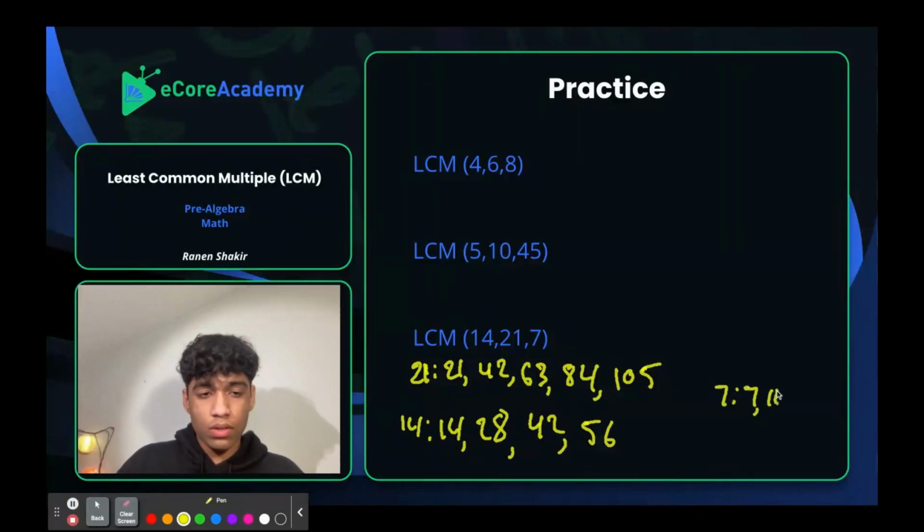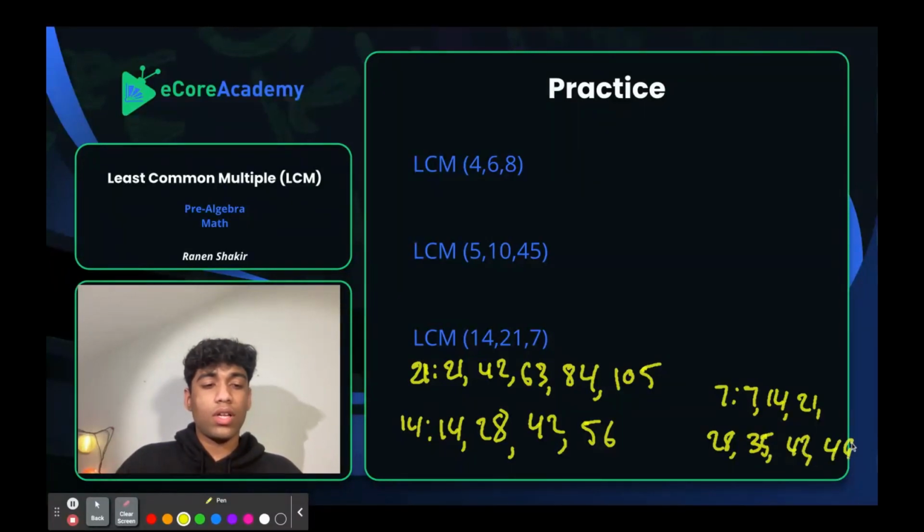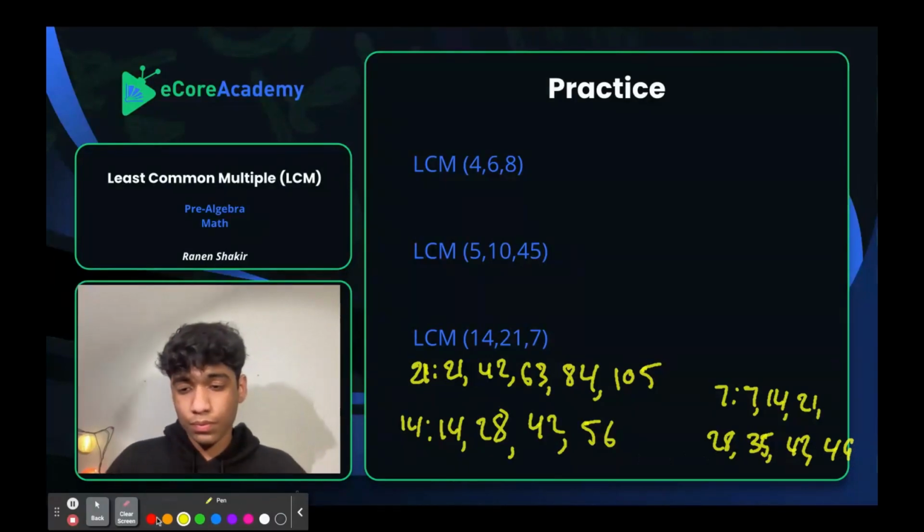It's 7, 14, 21, 28, 35, 42, 49. All right, now let's find the LCM of these. It's not going to be 21. 21 is only shared by 7 and 21. It can't be 7 or 14, therefore. It can't be 28, since 28 is only shared by 14 and 7.